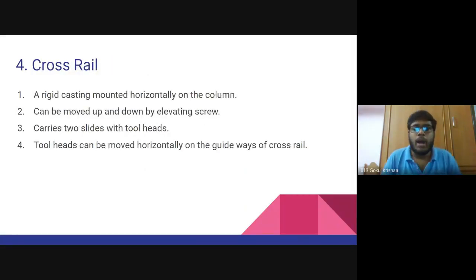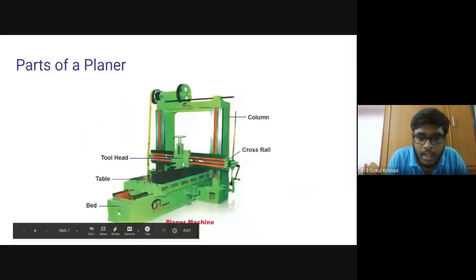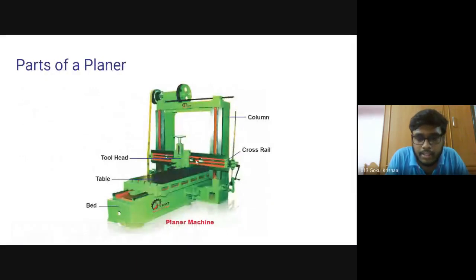It can be moved up and down by the use of elevating screws. It carries two slides with the tool heads. The tool heads can be moved horizontally on the guideways of the cross rail. That actually means these tool heads can be moved in the horizontal direction. This is also one of the uses of the cross rail.